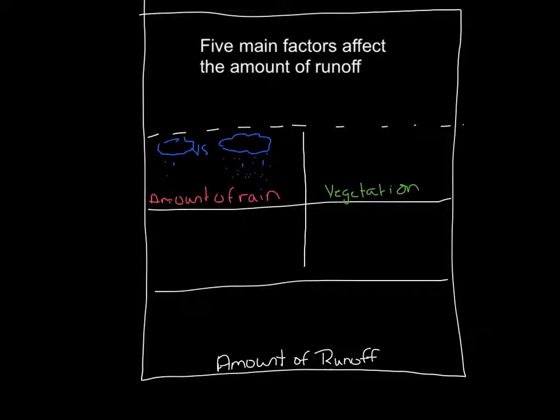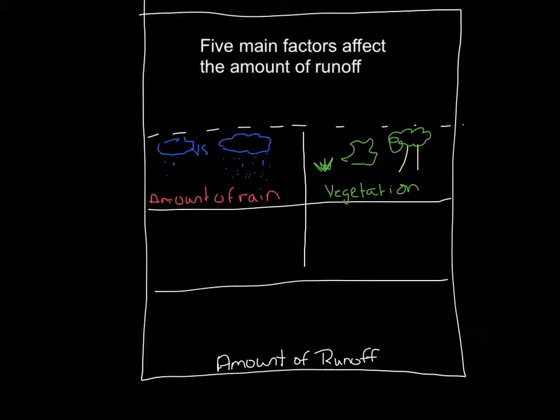This is an E. Okay, so if you've got a lot of vegetation, then you're going to have less runoff because the plants are going to soak up some of the water and the roots are going to hold the plants in place. So vegetation can determine how well the water runs across the land.